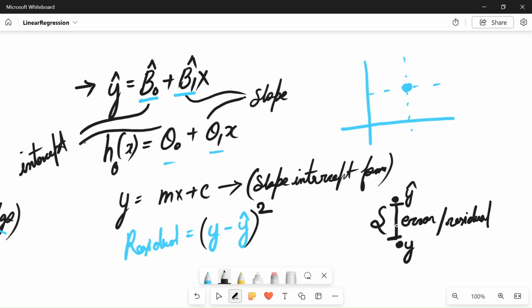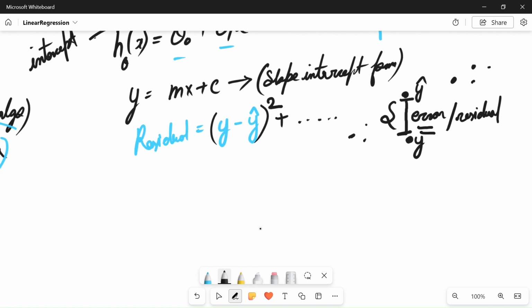When we square all of these errors and sum them up for all of the points in our data set, that expression is called the RSS. RSS is equal to the summation, wherein i goes from 1 to n, of y minus y hat squared.